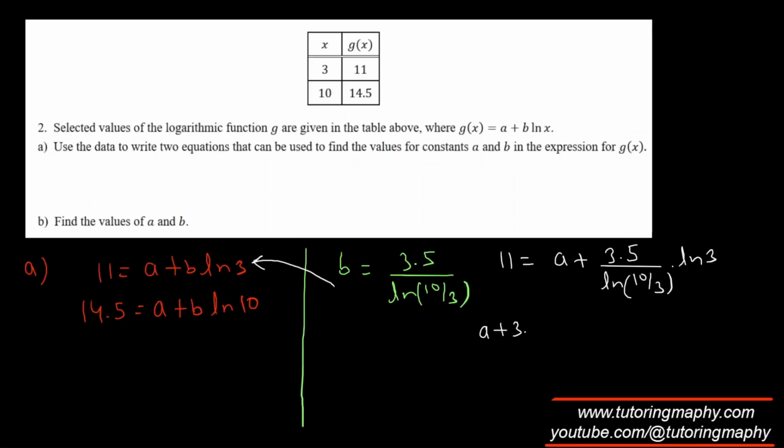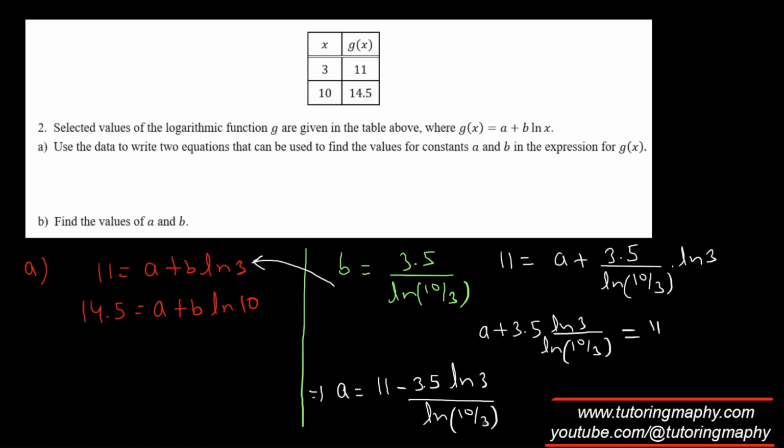So a plus 3.5 ln 3 divided by ln of 10 over 3 is equal to 11. So finally, the value of a comes out as 11 minus 3.5 ln 3 over ln of 10 over 3. That is the value of a over here.